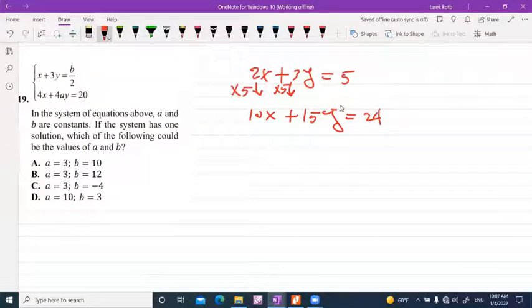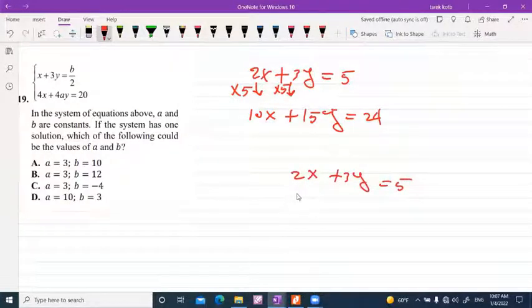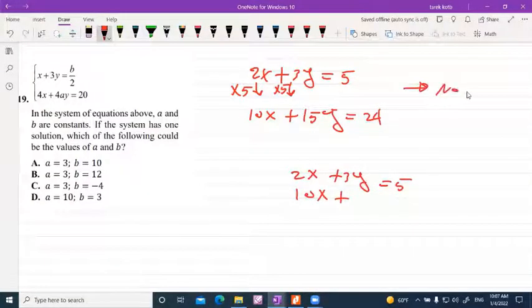These are parallel lines because they have the same slope. If you get the slope here, it will be the same slope. So this will be parallel lines, which means no solution here.